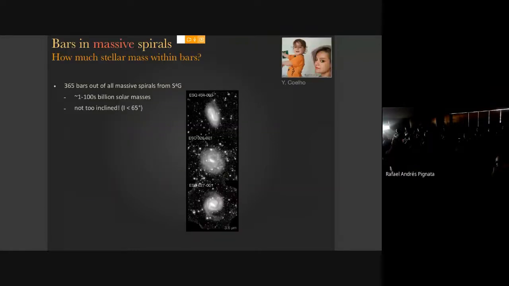So this is work from this very talented student, Yasmin Coelho. She has been looking at bar galaxies. This is just 3 examples out of the sample of over 350 bars in massive galaxies. It includes all of the bars in S4G that are not terribly inclined, because if they're too inclined, then we cannot really see if there's a bar.